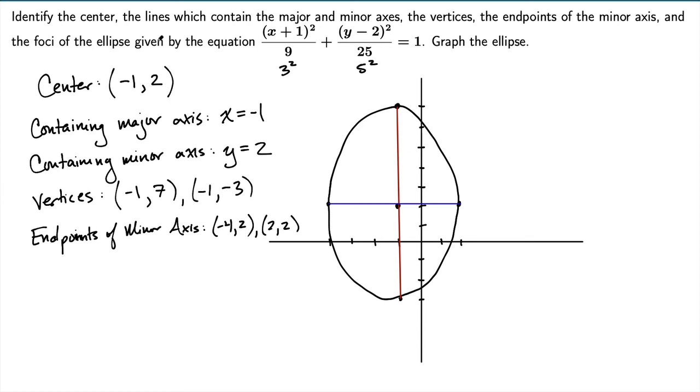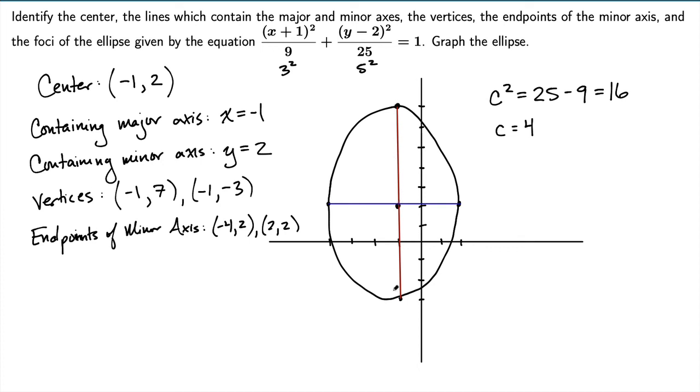For the foci, we need to find c, and that's the one thing that we don't see here in the graph. c squared equals a squared minus b squared, the larger of these two numbers minus the smaller. So 25 minus 9, which is 16. And so c is equal to 4. That's the distance that we move from the center along the major axis to get to the foci.